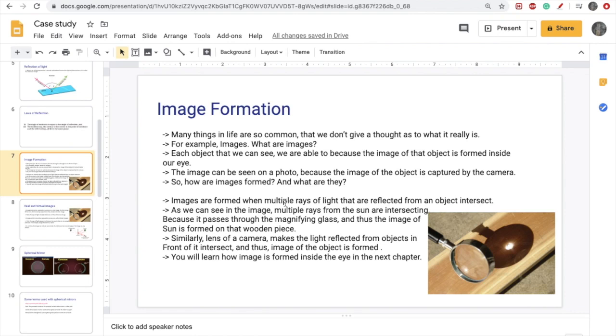So when multiple rays of the object intersect after reflection, then we can see the image. This is actually an image formed because of refraction, not reflection, but still an image is formed only when rays intersect. Okay, this is one very important point to remember.